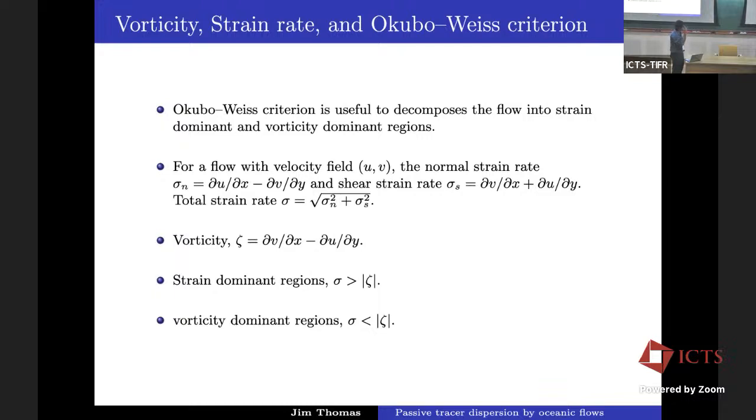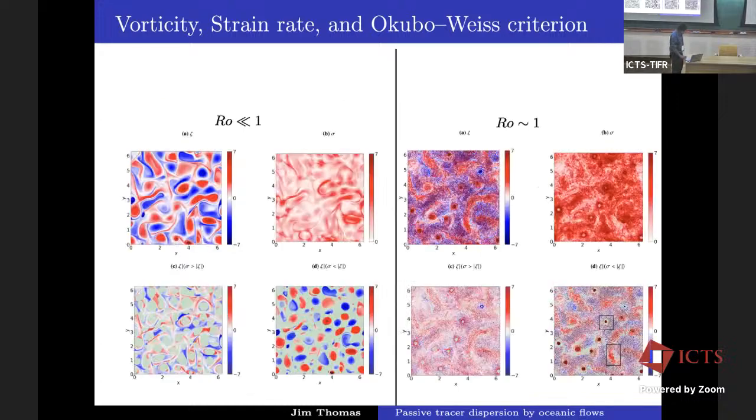So when you look at some of these results, the precise definition of a coherent vortex changes depending on the method you use. Okubo-Weiss gives us structures like this. If you use the Lagrangian methods, the finite time Lyapunov exponent based methods, you would get some more structures that have relatively less energy, but they would add to this. But it's hard to say how much they would change the predictions without actually trying them.